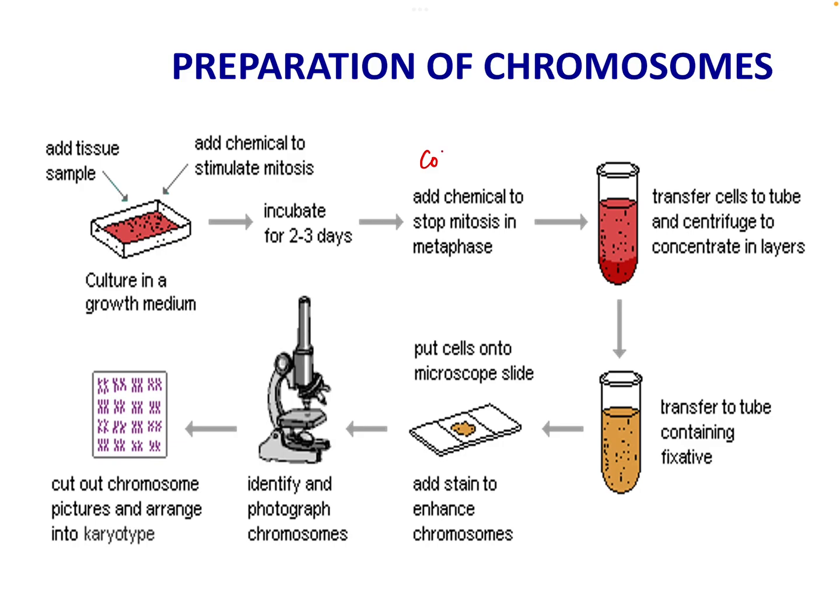The most common is colchicine, to stop mitosis at the metaphase. And then transfer the cells to a tube and centrifuge to concentrate in layers. And then add fixative, put it on a microscope slide, add the Giemsa stain, and then identify and photograph the chromosome.